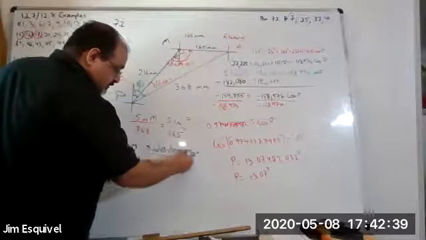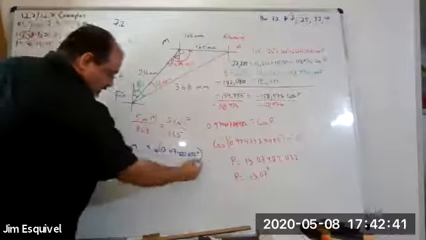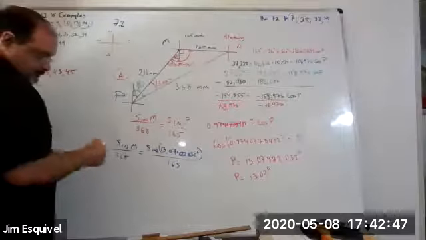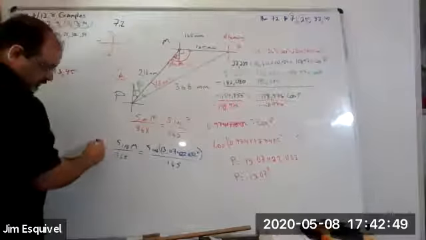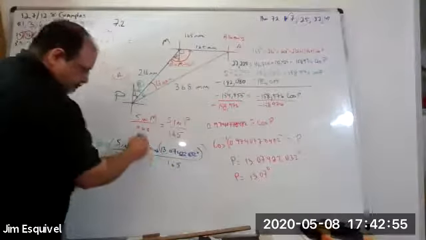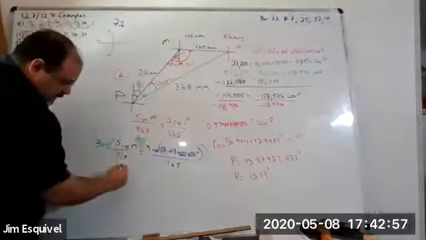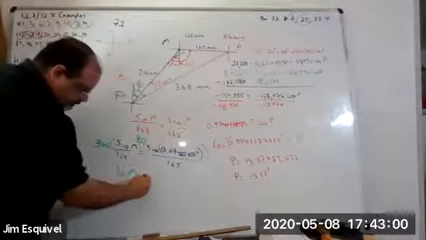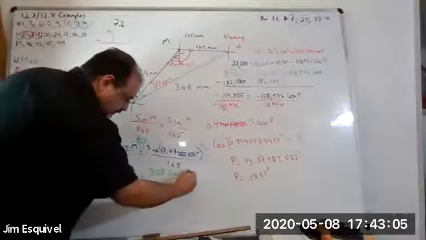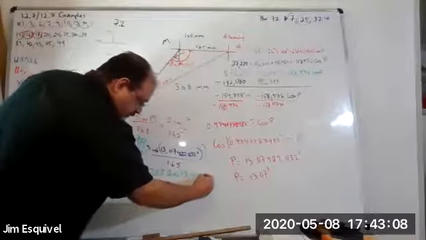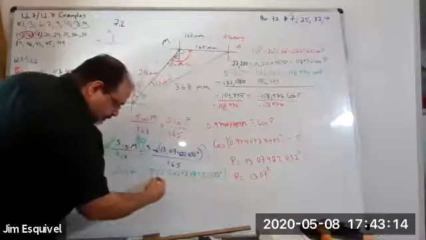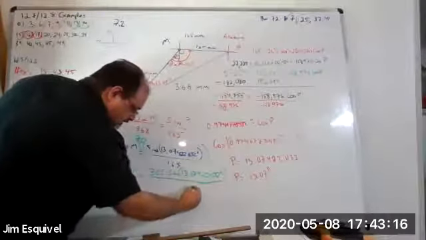Multiply both sides by 368. So the sine of angle M is equal to 368 times the sine of 13.07422032 degrees over 165.